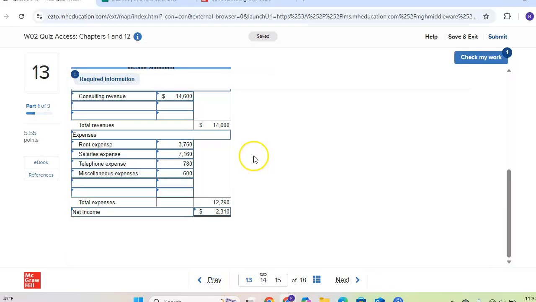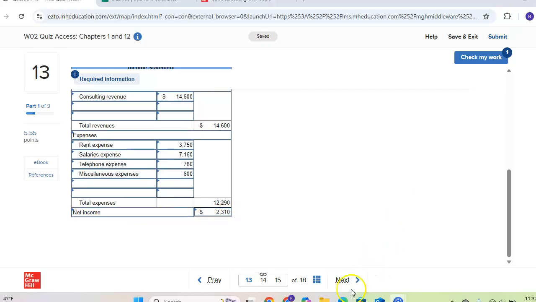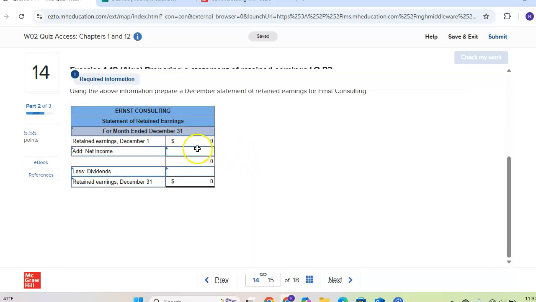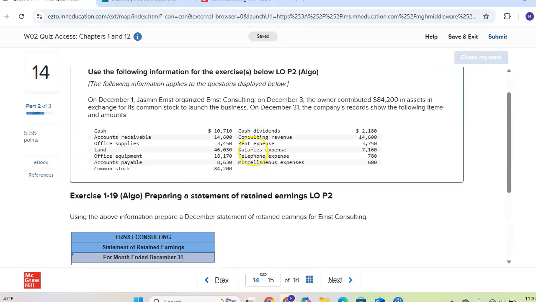The net income we get from the previous problem, right here, which is 2,310. You put that into net income. Then for dividends, you look in this box, and you'll find that dividends are right here for 2,180.